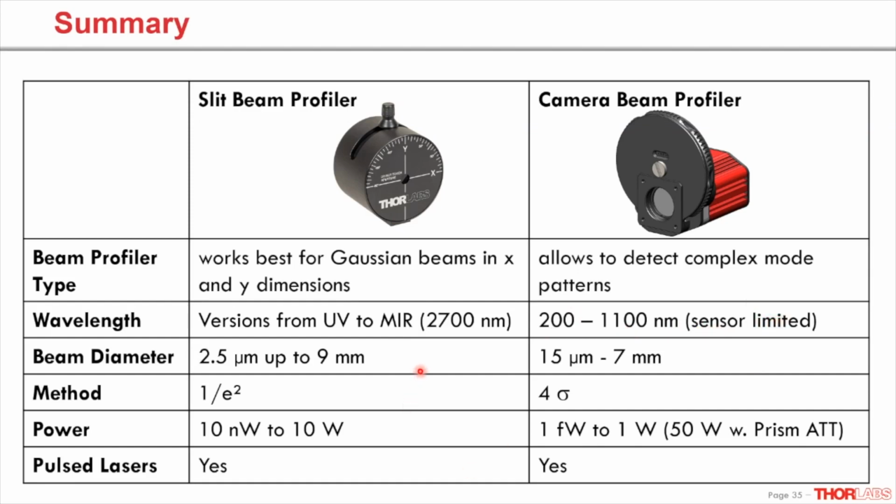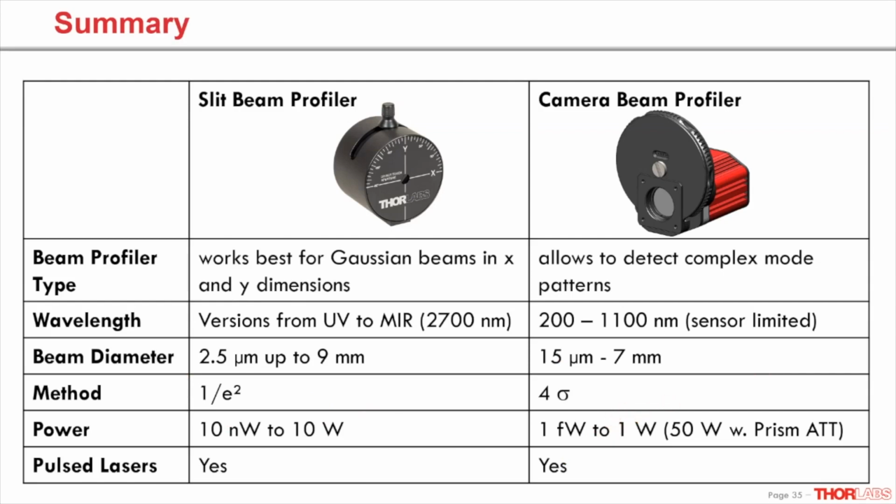Beam diameter range can be from 2.5 microns up to 9 millimeters with the slit, and from 15 microns to 7 millimeters with the camera beam profiler. The calculation method for the slit beam profiler is the 1 per e square, and for the camera, the 4 sigma method.